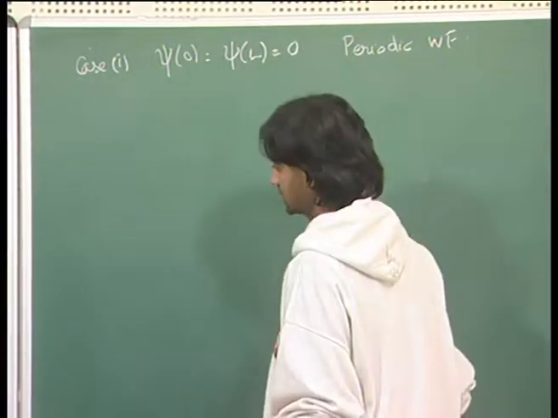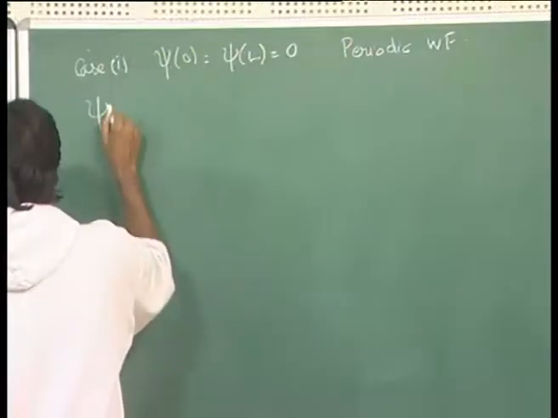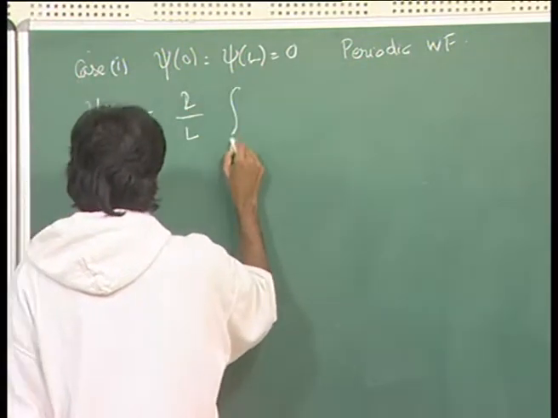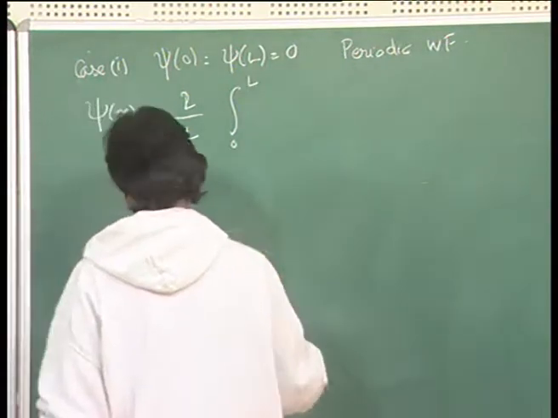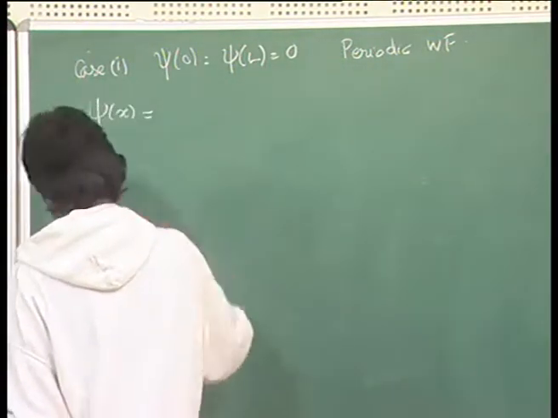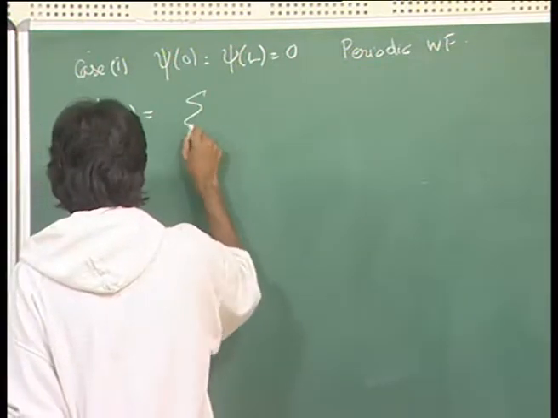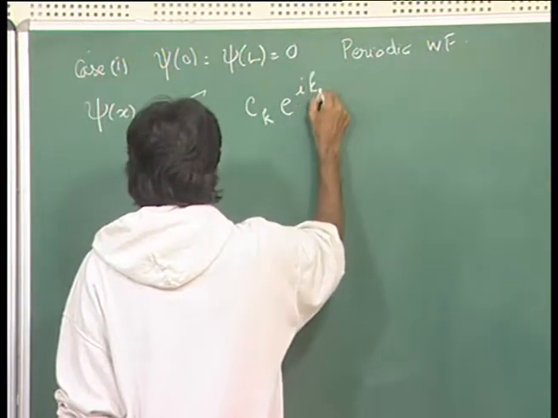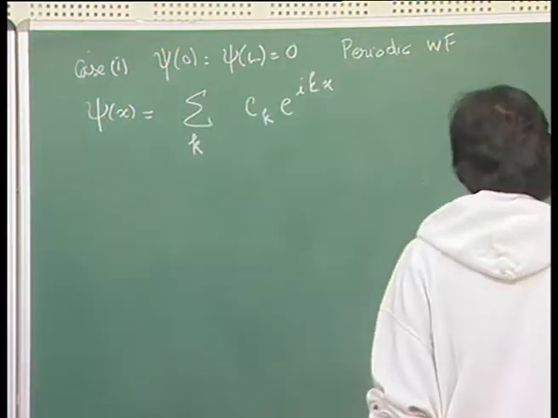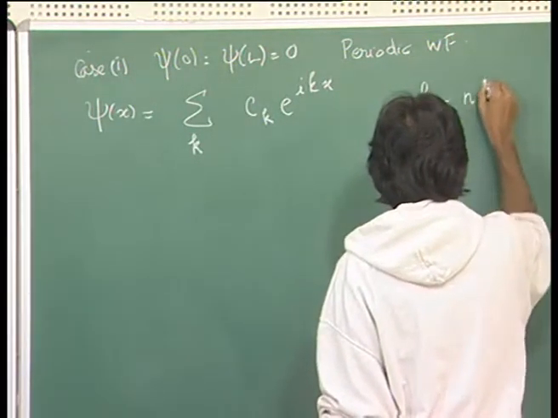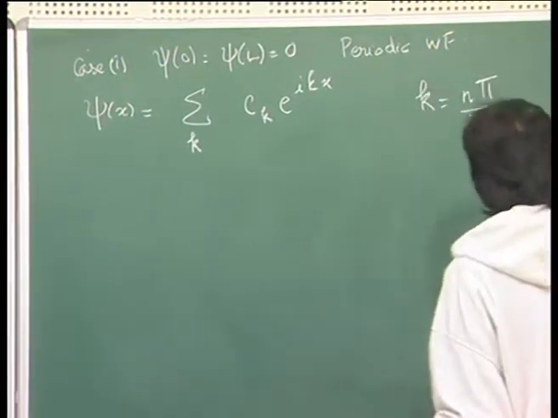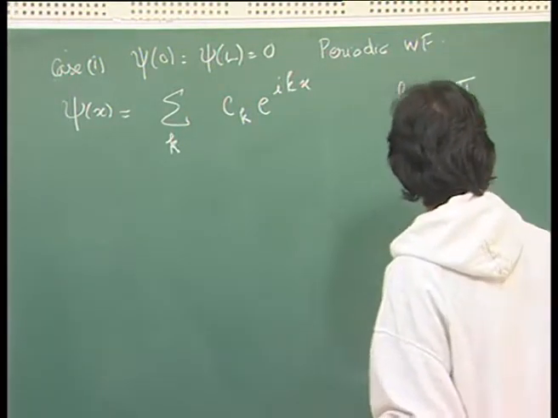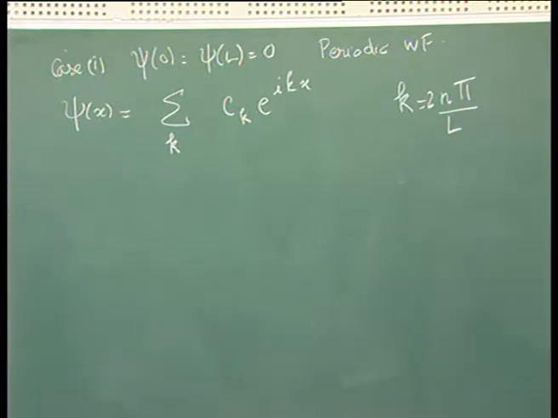In this case your psi of x looks like the sum over k of c k e to the i k x, where k equals n pi by L. Or sorry, 2 n pi by L, because L by 2 is the periodicity.